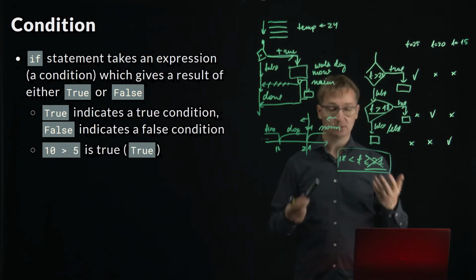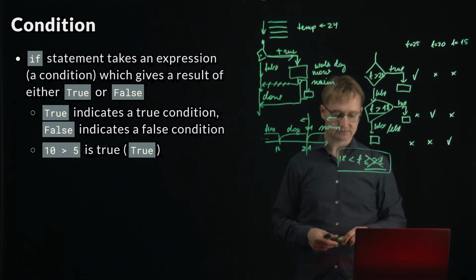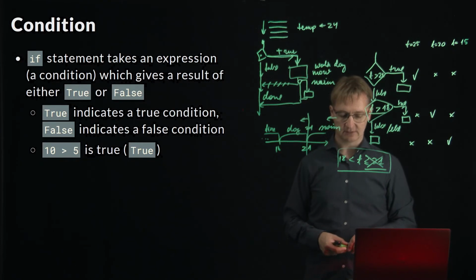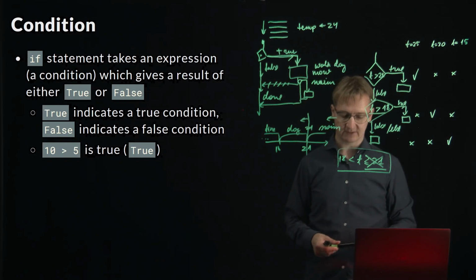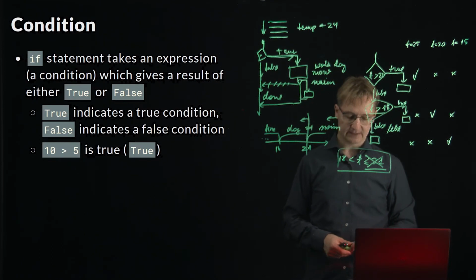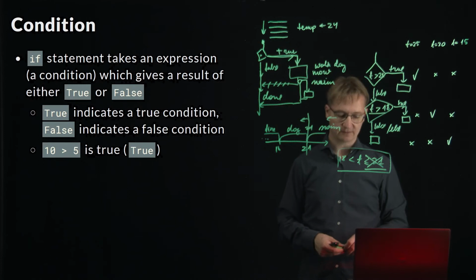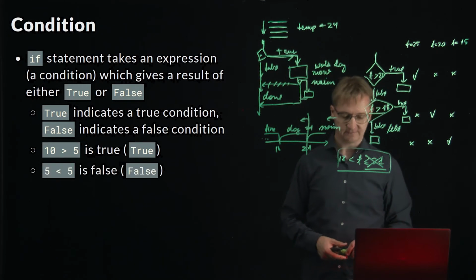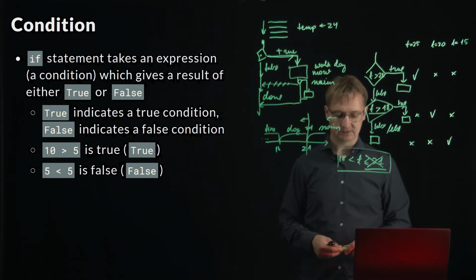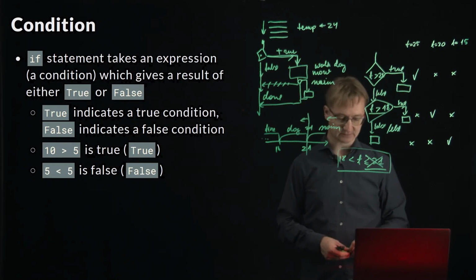And what are the conditions and some examples? A condition can be, for example, 10 is bigger or greater than 5, and that is true. In Python, it would be written as True with a capital letter. If we compare 5 to 5, then 5 is less than 5. This is false because they are equal.